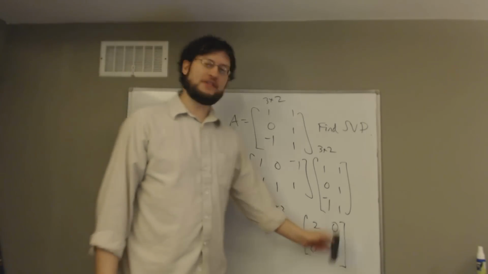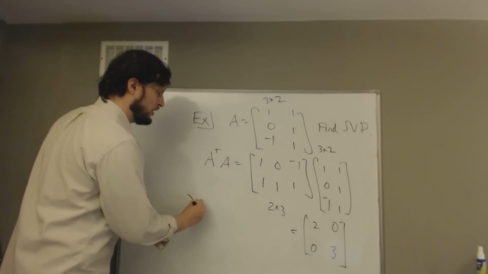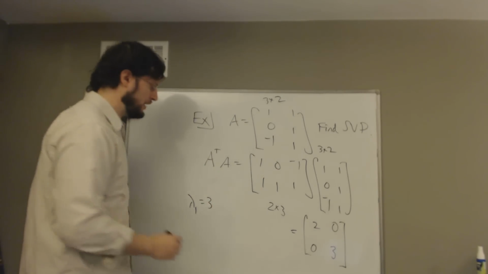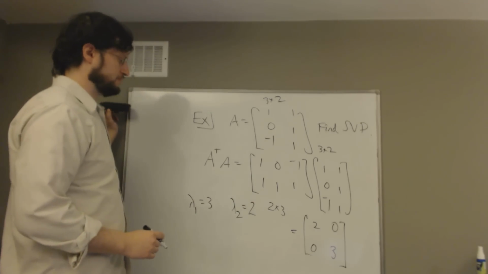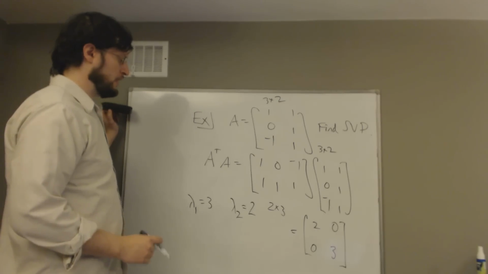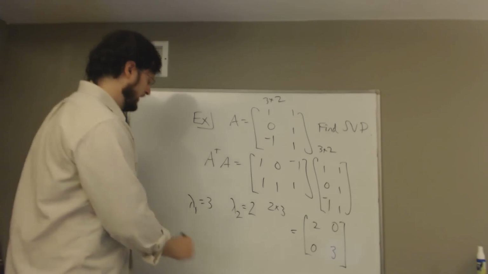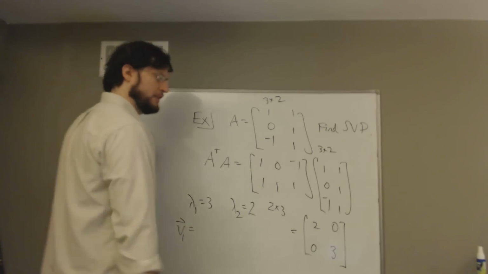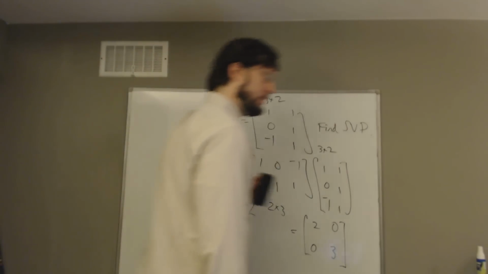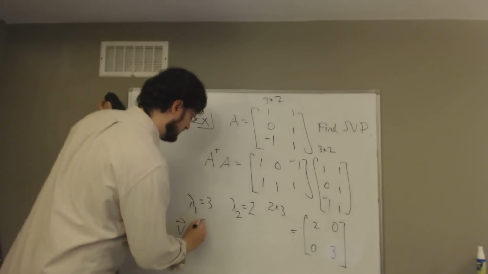We can read off the eigenvalues because it's a diagonal matrix. We can say that lambda 1, remember we go in decreasing order, so lambda 1 is 3, and lambda 2 is 2. Now, this one we can't read off, but if we work out the eigenvectors, I've worked this out, the eigenvectors turn out to be 0, 1, and 1, 0.